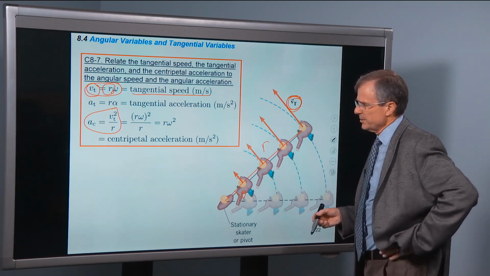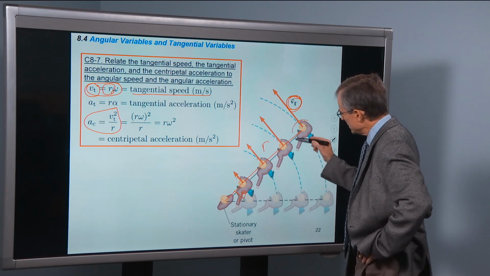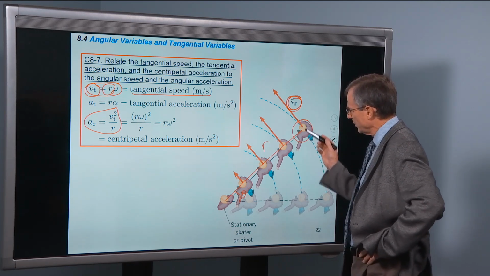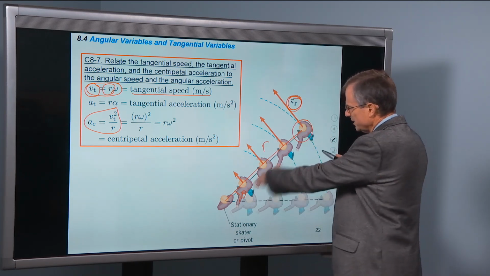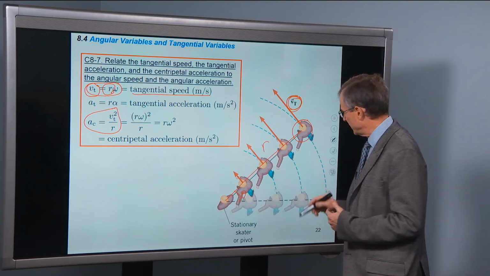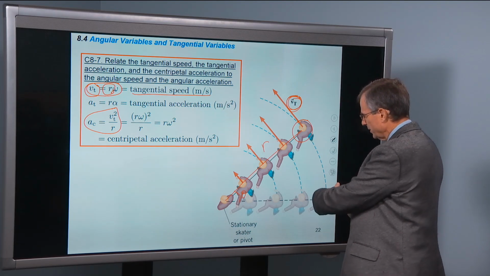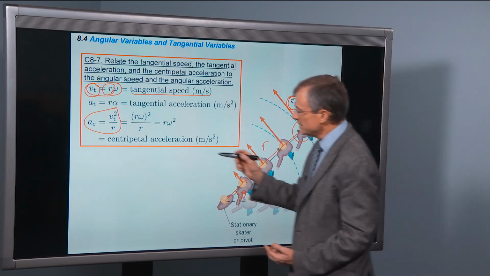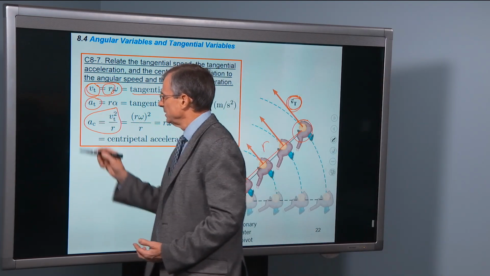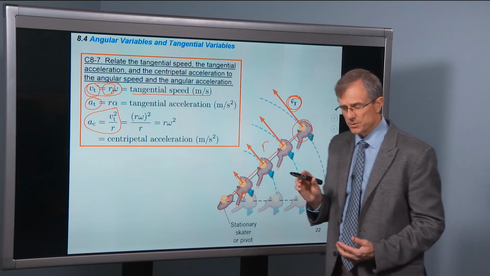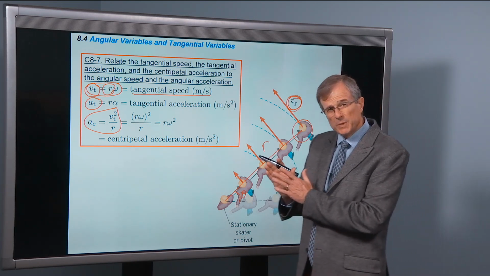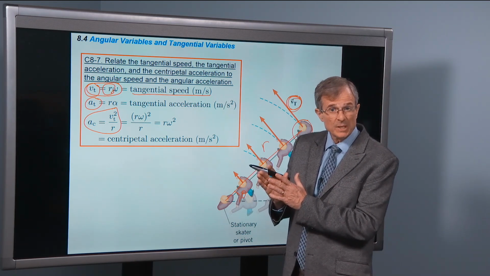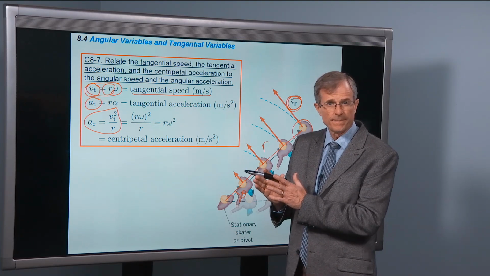The tangential acceleration is how much this guy here is accelerating. So suppose all of these guys in a line are skating, they start at rest down here and they're skating faster and faster as they go around. What the tangential acceleration measures is how fast that tangential speed is changing.